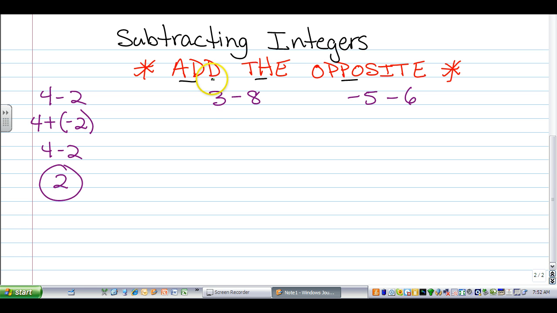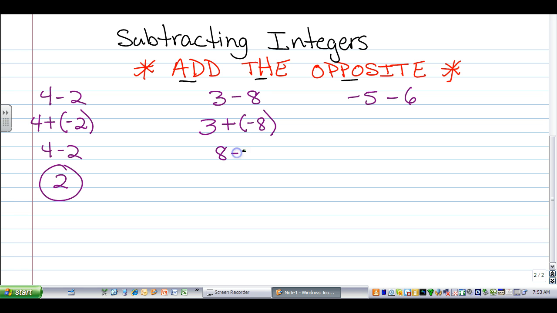We're going to add the opposite. Instead of subtracting, I'm going to add, and the opposite of this positive 8 is a -8. Now once I've done that, it looks just like one of our addition problems, and then you do the steps for addition.